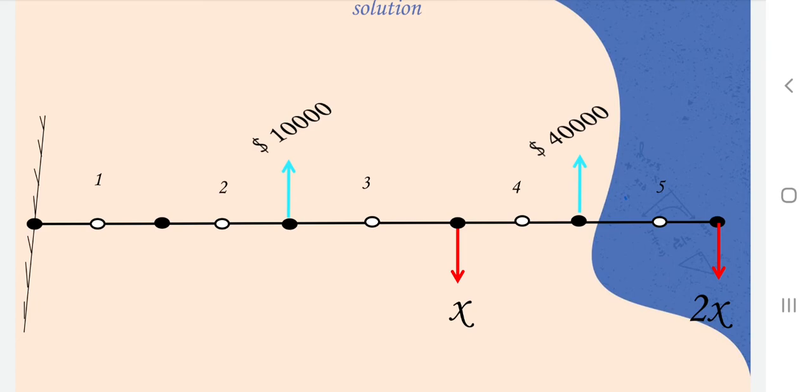You can get the present value of $10,000 plus the present value of $40,000 equal to the present value of x plus the present value of 2x. n for $10,000 equal 4, n for $40,000 equal 8, n for x equal 6, n for 2x equal 10.